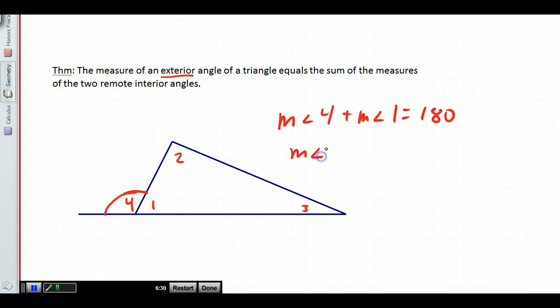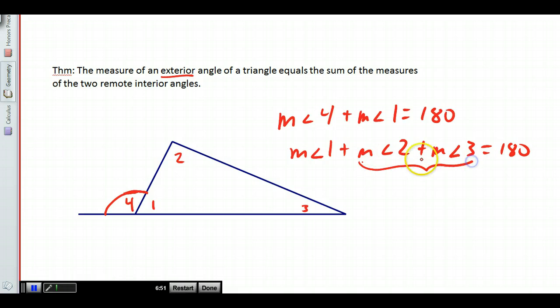The measure of angle 1 plus the measure of angle 2 plus the measure of angle 3 also equal 180 because they are the interior angles. And I can now replace angle 2 and 3 with angle 4.